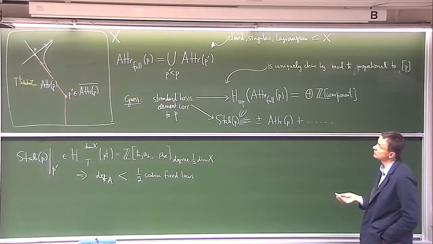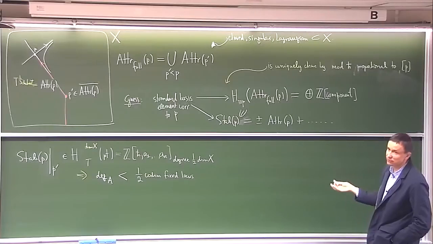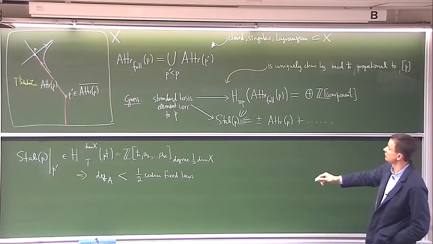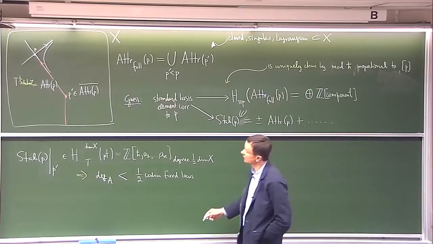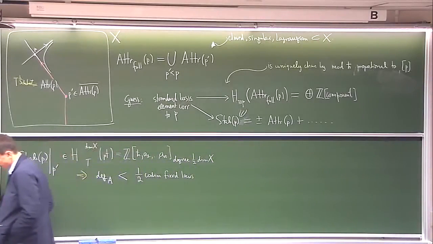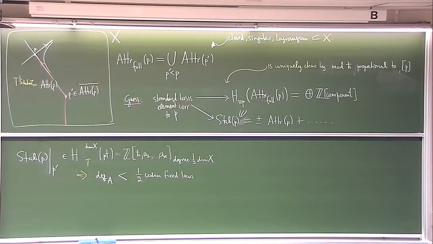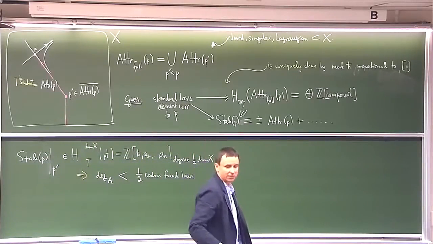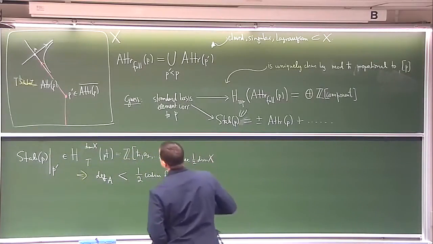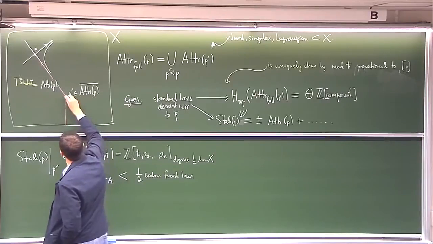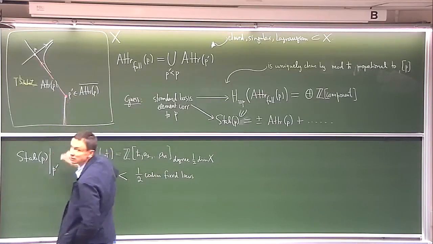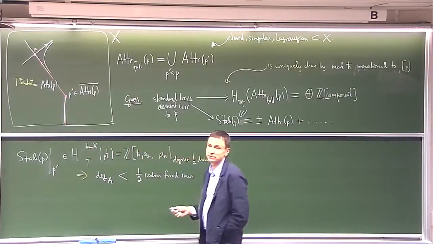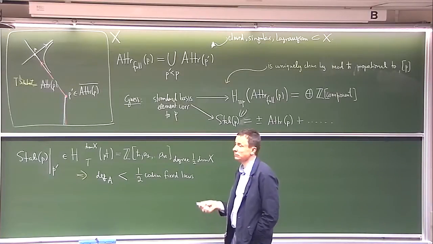Well, because you see, suppose I have two such. And then if I take their difference, I'm going to get a class which is now supported here. They start the same way, but now let's say it's supported here. What does it mean supported here?